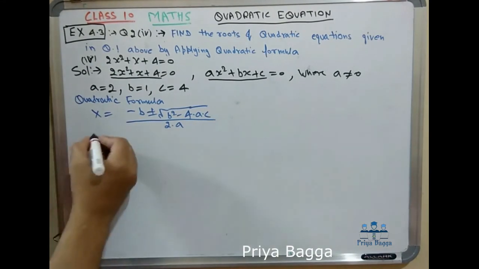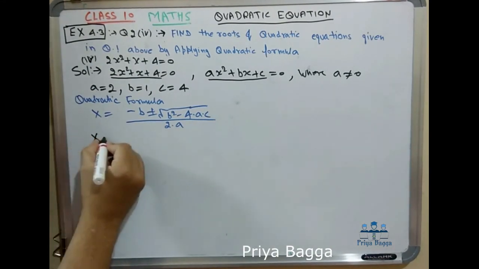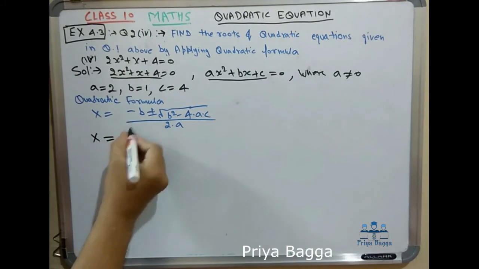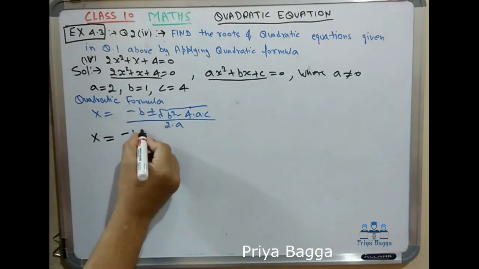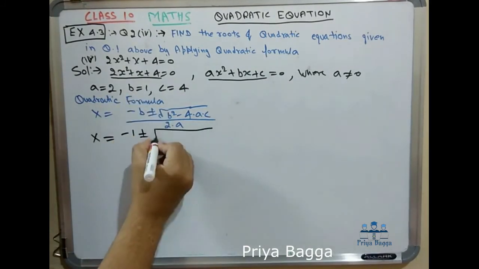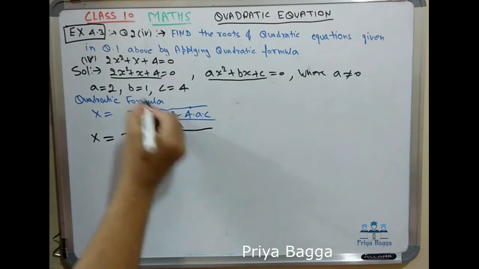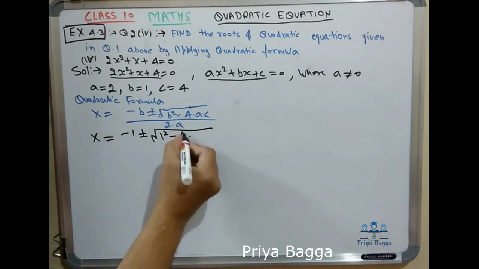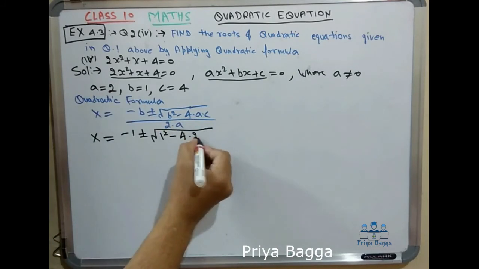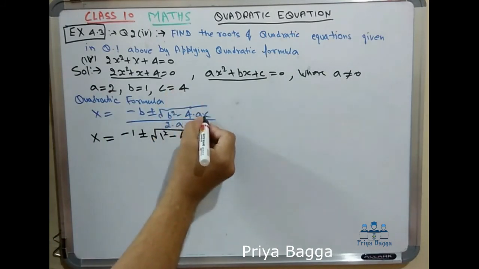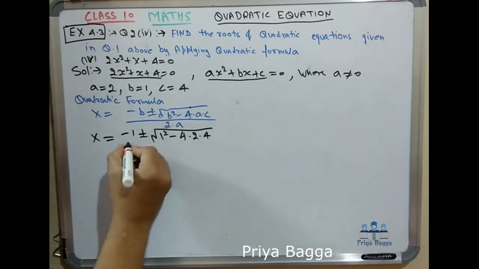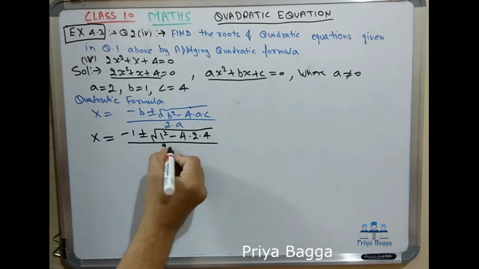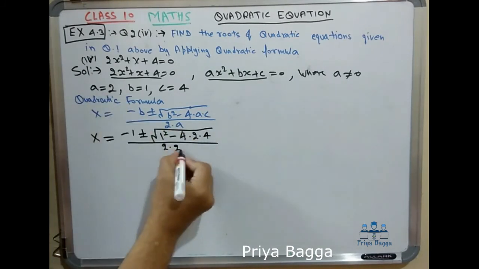So from here the value of x is minus b. This is minus and b is 1, plus minus square root of, again we substitute the value of b, which is 1, so 1 square minus 4 into a, the value of a is 2, into c, the value of c is 4, and this is divided by 2 into a, the value of a is 2.